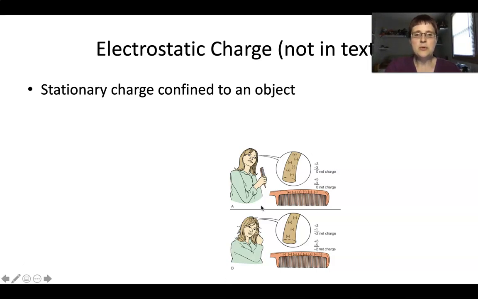And this is a pretty familiar way you can get electrostatic charge that you probably have experienced at some point, and that is using a comb or a brush on your hair. When you start, both your hair and the comb or brush are neutral. They both have a net zero charge.